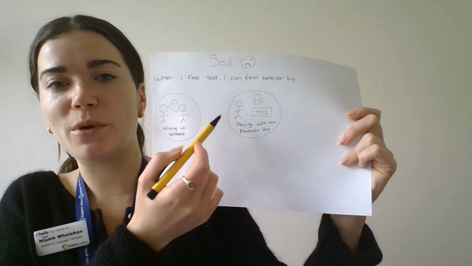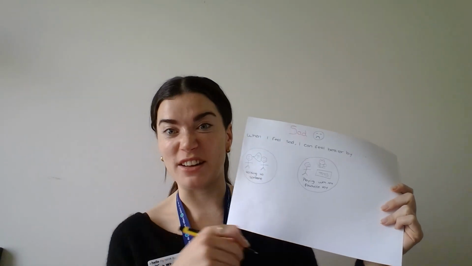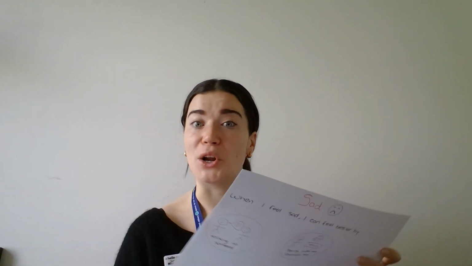So playing with my favorite toy is our next strategy. Again, really simply playing with my favorite toy. That might be a teddy bear, or any toy that's motivating for your child. And again, if you think it would be helpful for them to colour it in, to engage them in the activity, that might be something nice to do.